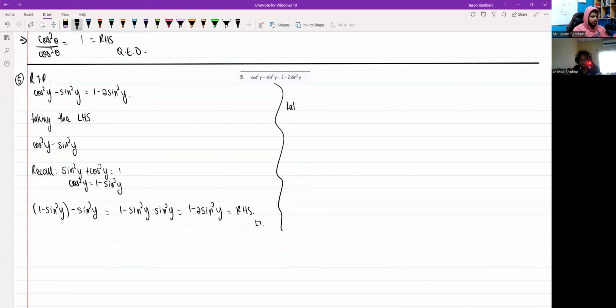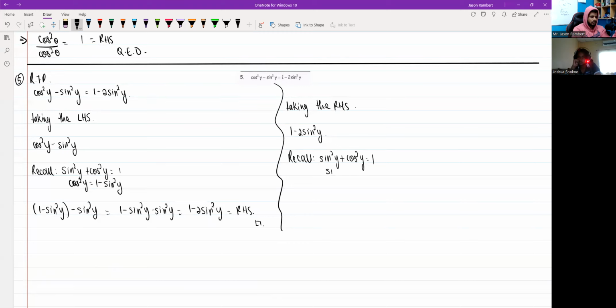If I take the right-hand side, 1 minus 2 sine squared y, I can make a substitution for sine squared y here. I can recall sine squared y plus cos squared y is equal to 1.